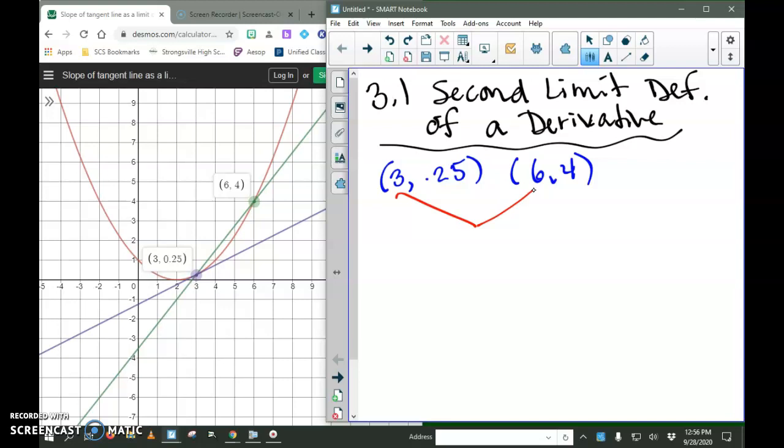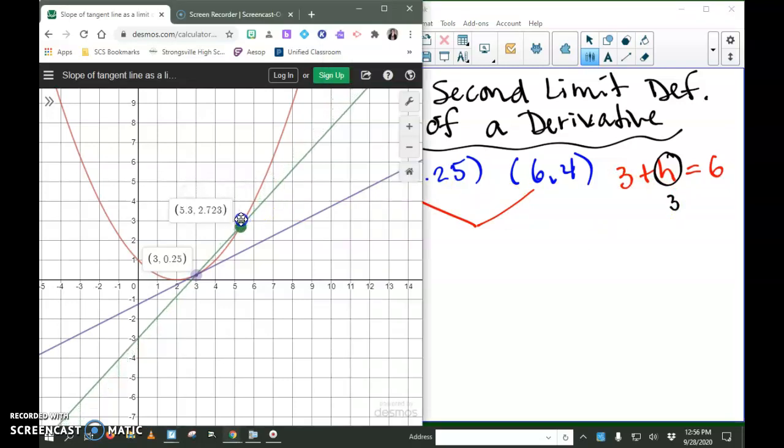So I would say 3 plus h is 6. Okay, and in this case, my h would be 3. The distance between these two x's is 3. But 3 and 6 are really far apart. In fact, that secant line looks nowhere close to the tangent line.